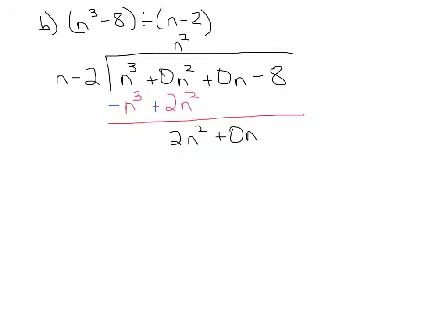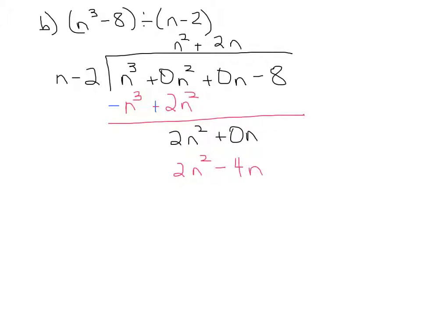How many times does n go into 2n squared? And it goes in 2n. So we multiply 2n times n to get 2n squared, and then 2n times negative 2 to get minus 4n.